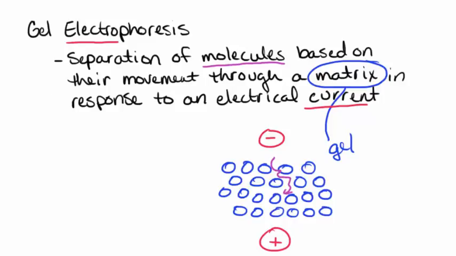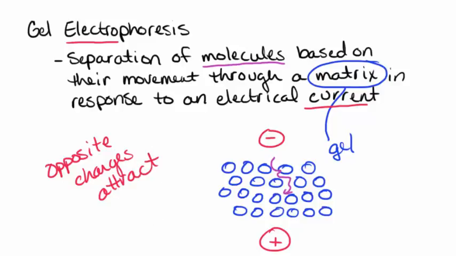And so remember that opposite charges attract. So based on that principle, it's going to be very useful for molecules that have charges, because they will want to move through this electrical field that we're going to be applying through this process of gel electrophoresis.